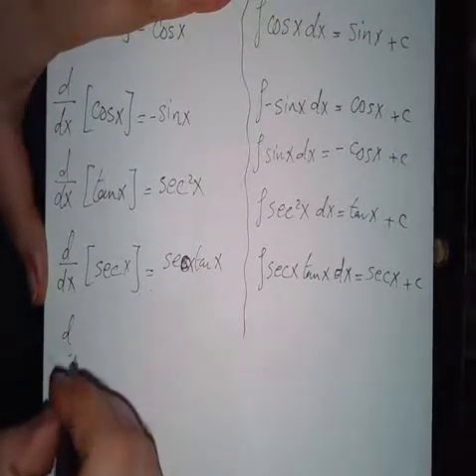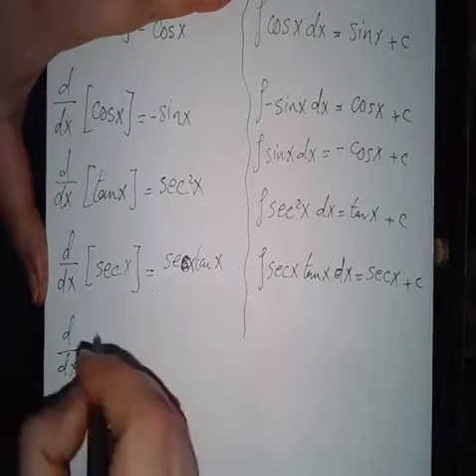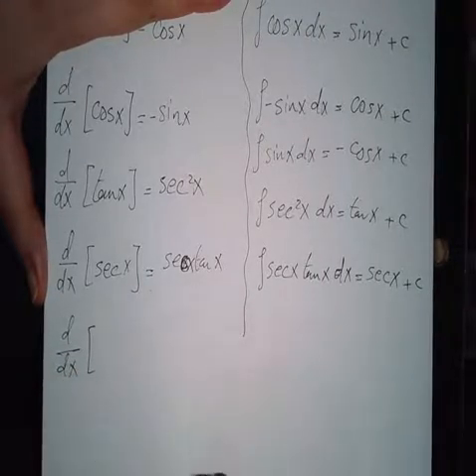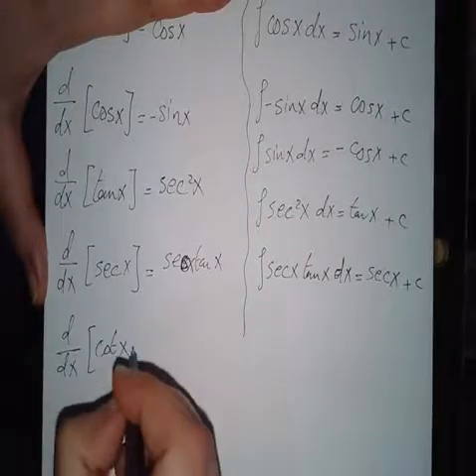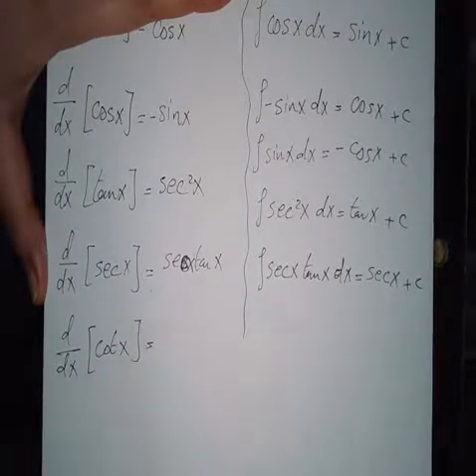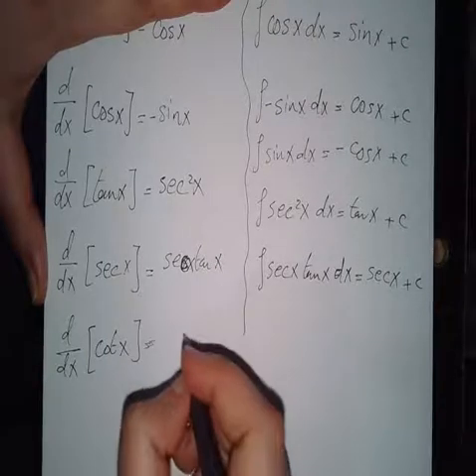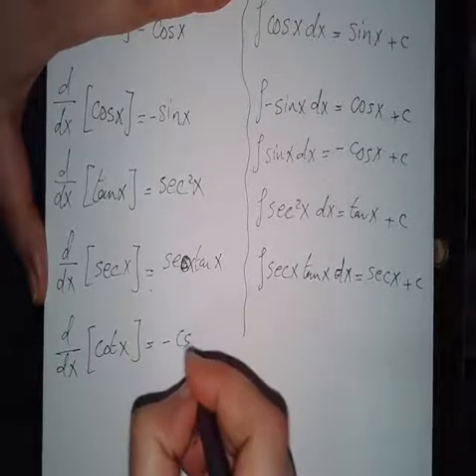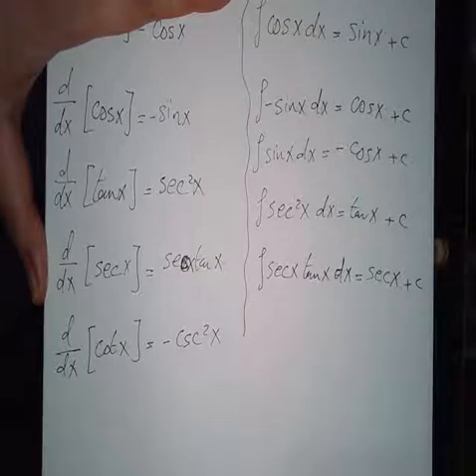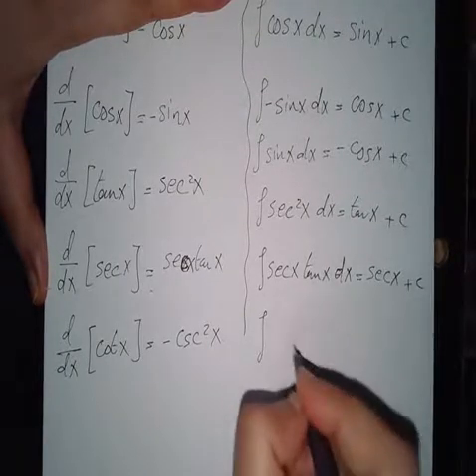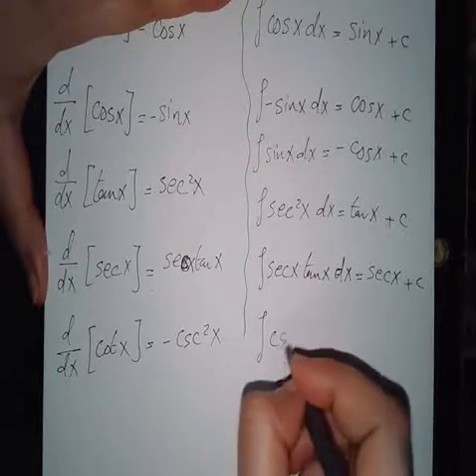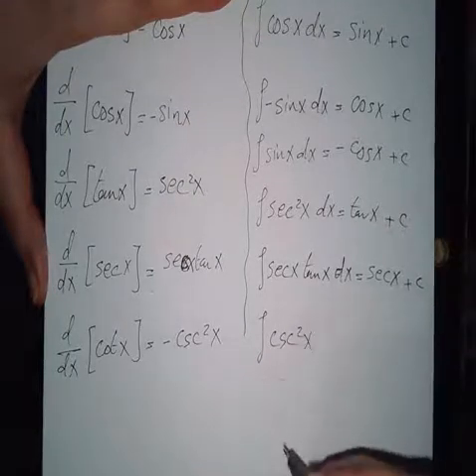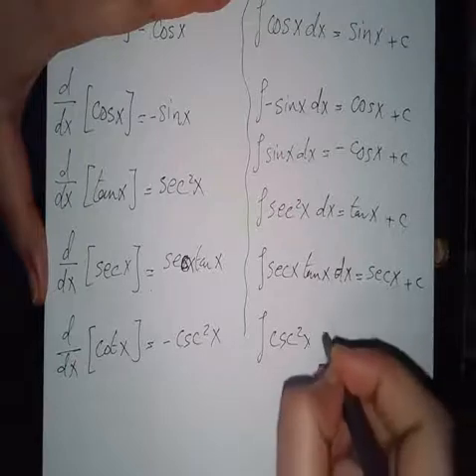Now, how about d/dx of cotangent of x? This one is going to be negative cosecant squared x. Now if I find the integral of cosecant squared of x, notice I didn't write the sign.